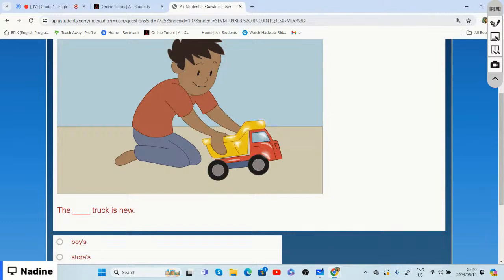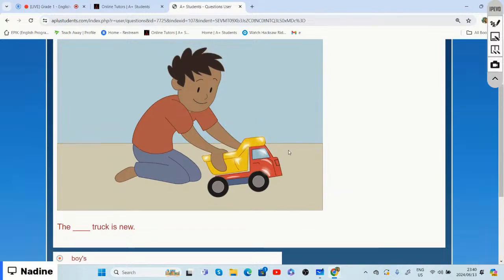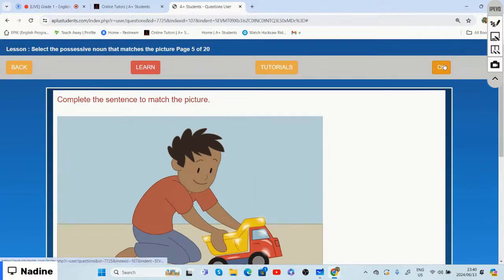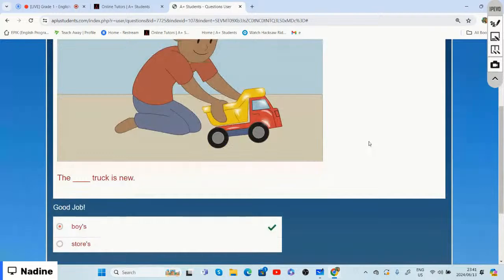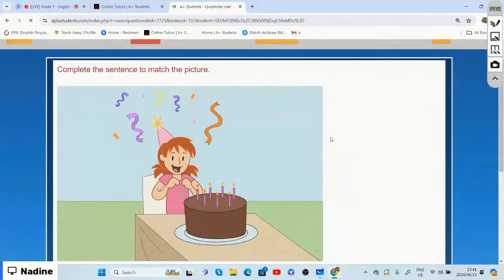All right, and if we were to choose the correct one, we will say that the boys' truck is new, right? Which means that this truck belongs to the boy. It is his truck, and it is a brand new truck. So it is the boys' truck is new.